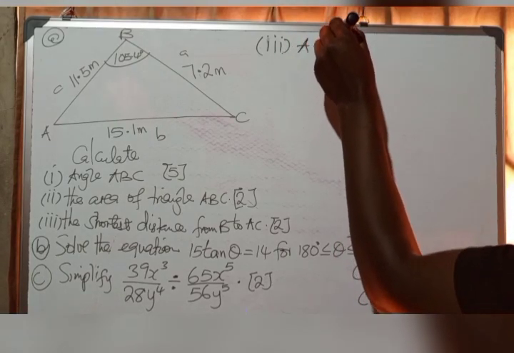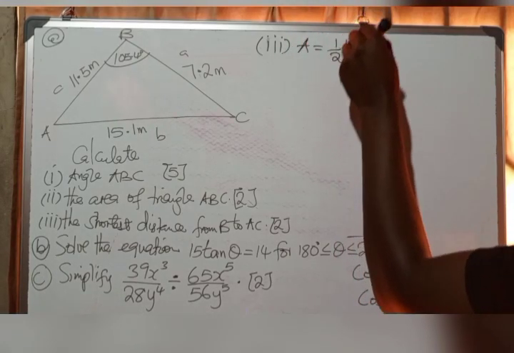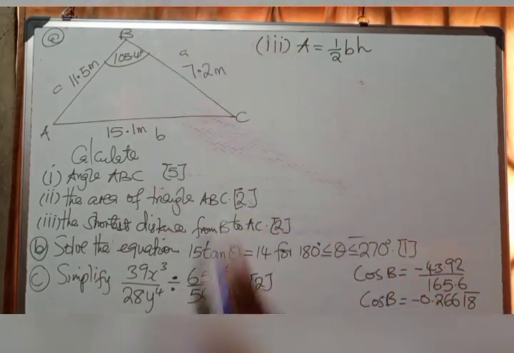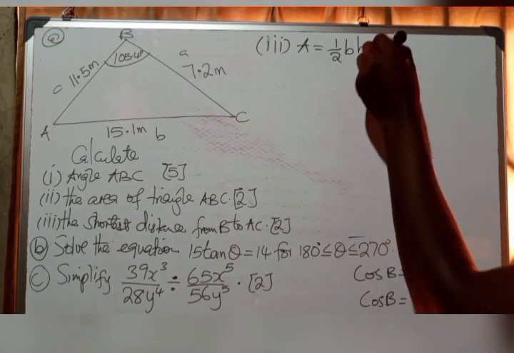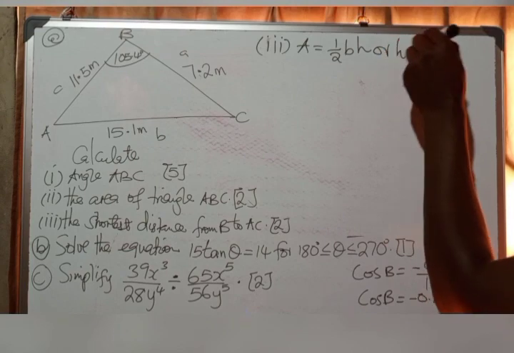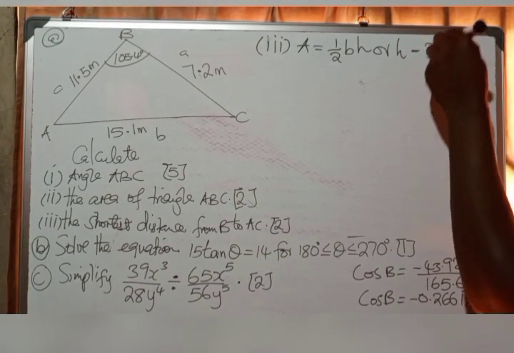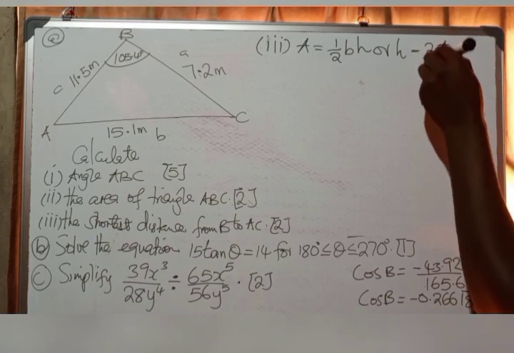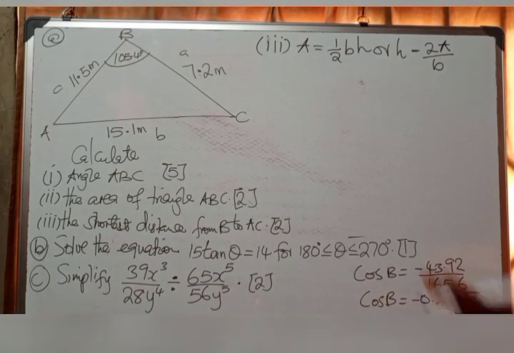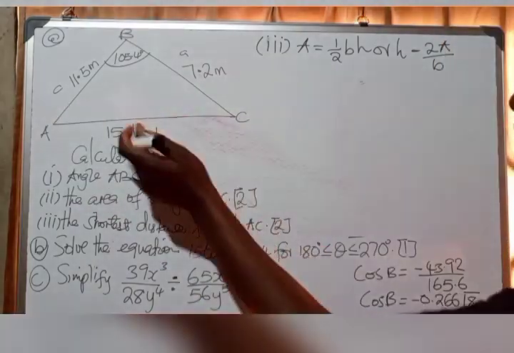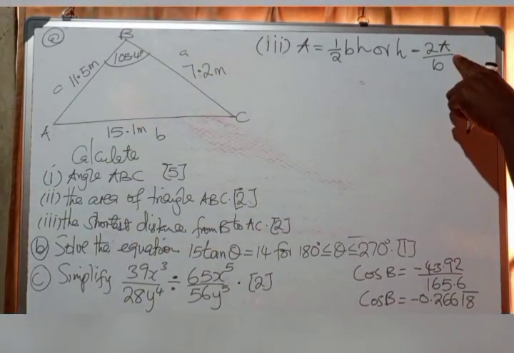Area is equal to 1/2 bh. So h means the shortest distance. Other people say h is equal to 2A over b. Which one is our b? It is this, because this is our small b. So we'll go with this formula.